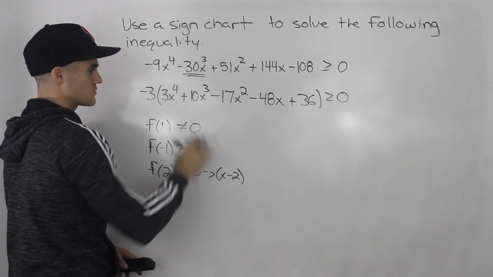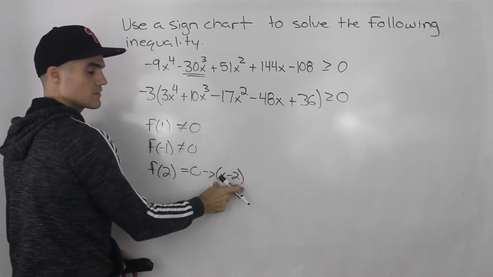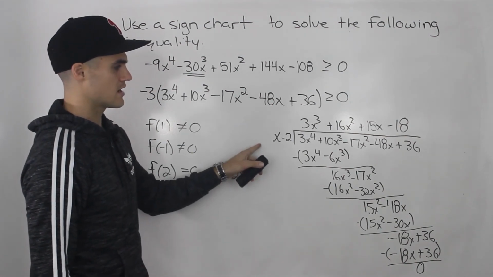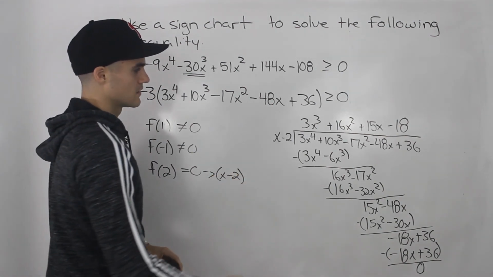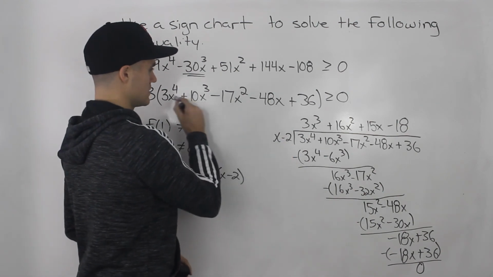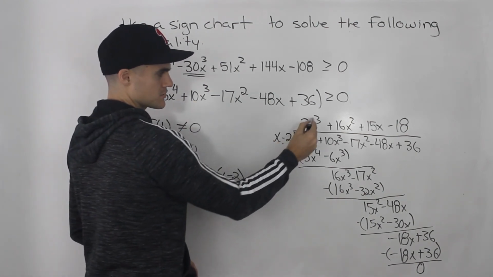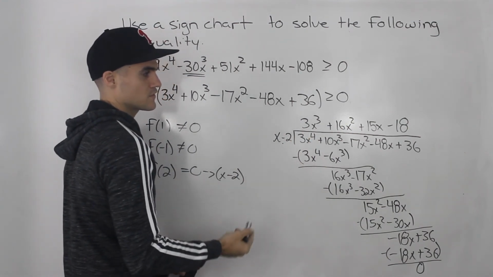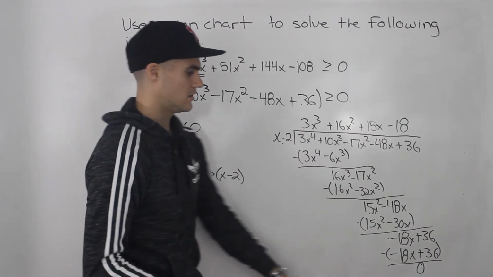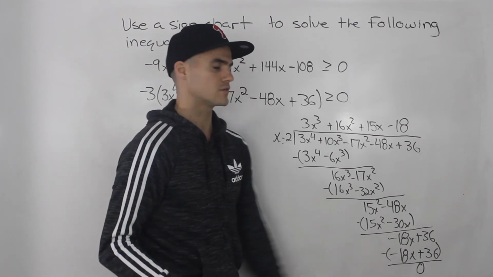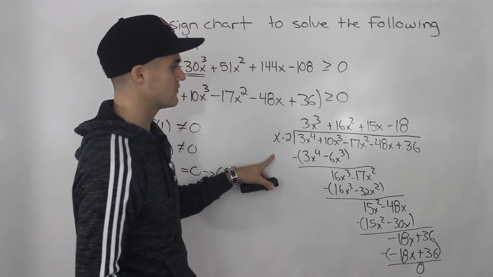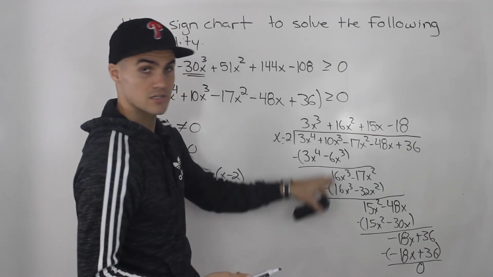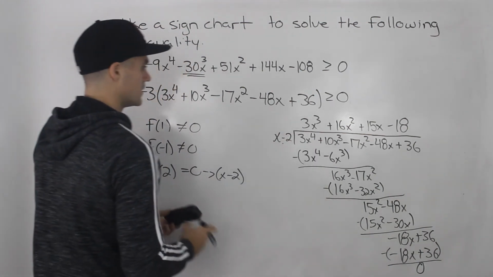So what we would do now is take this quartic function and divide it by x minus 2 to break it down. When you do that long division on the side, you end up getting all of this here. So basically, this quartic function divided by x minus 2 gives this quotient, 3x cubed plus 16x squared plus 15x minus 18. Also notice how we got a remainder of 0. You may want to try this long division yourself, and then if you're not getting it, just look at this after.